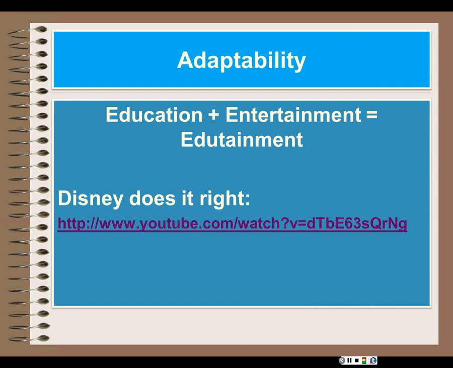I would argue that museums have always used the newest ways of bringing education to a wide range of people in terms of ages and background. So we are involved in the edutainment business, whether we like to use the term or not, and we have to constantly be aware of that.